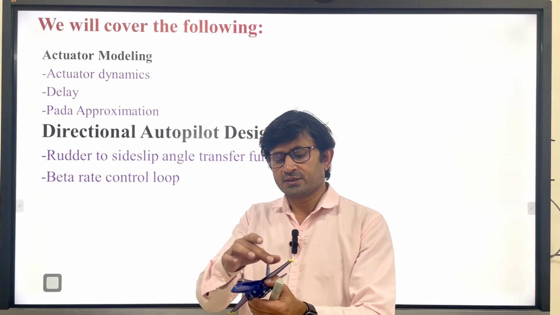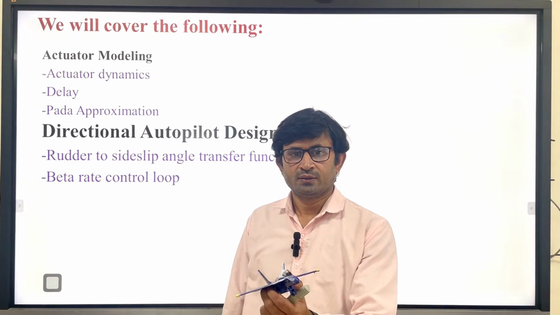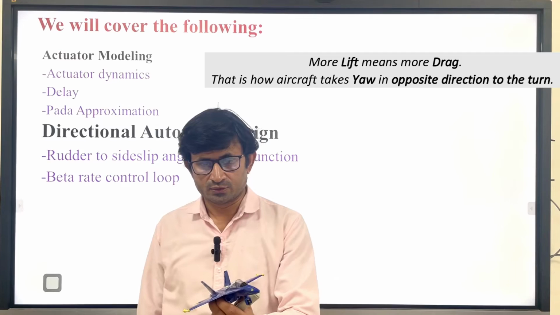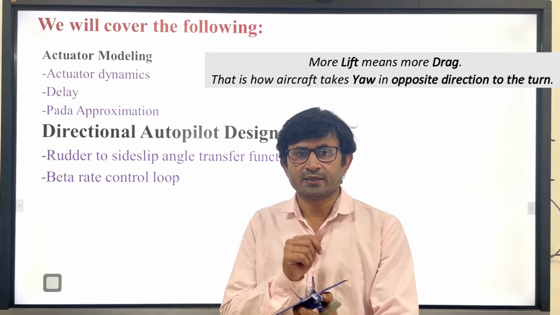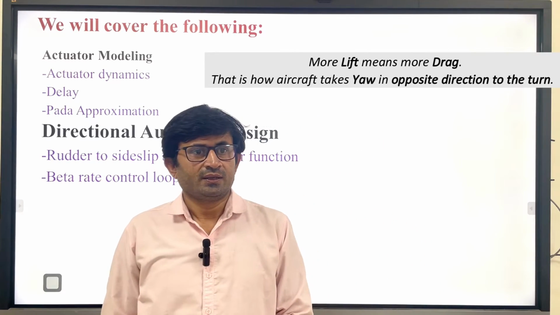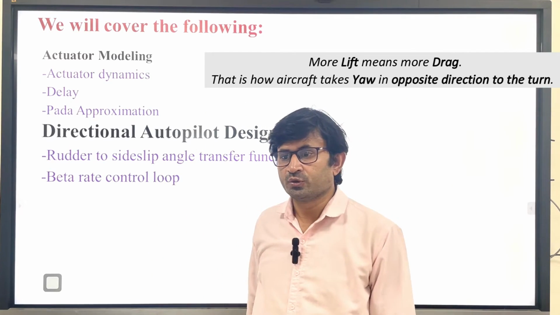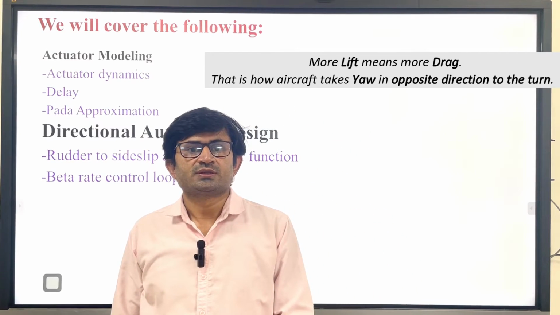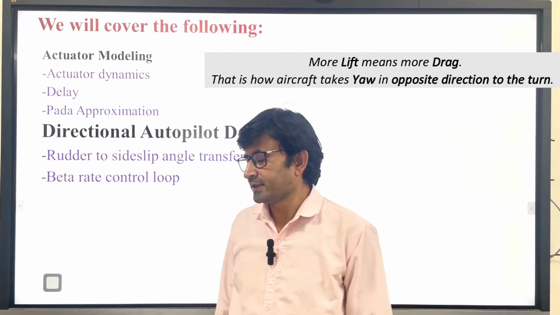Since there is more lift on one side and less on the other, the aircraft will also try to yaw. To prevent this yaw, we have to use the rudder to make a perfect circle, where the side slip angle will be 0 and the aircraft will not lose its altitude. This condition is known as a coordinated turn flight.